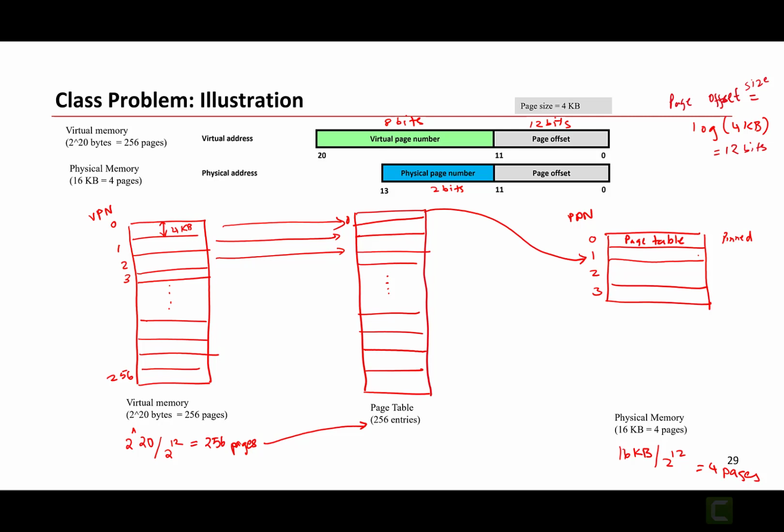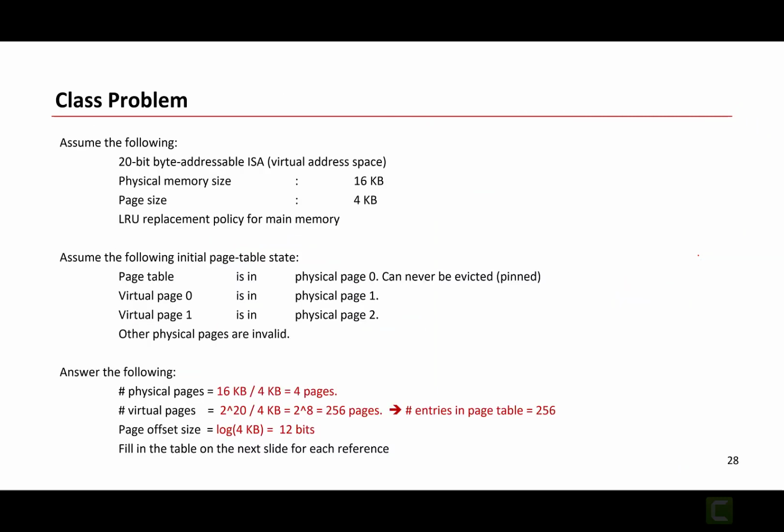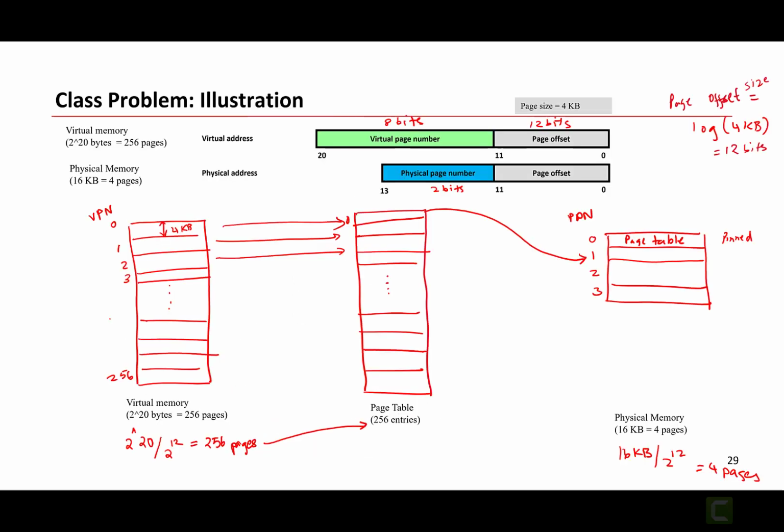So it's a good idea to always keep it in your physical memory. Okay, so now let's take a look at what other virtual pages have been allocated and where they are stored. We are also given that virtual page 0 is stored in physical page 1. So let's take a look at how that would look.